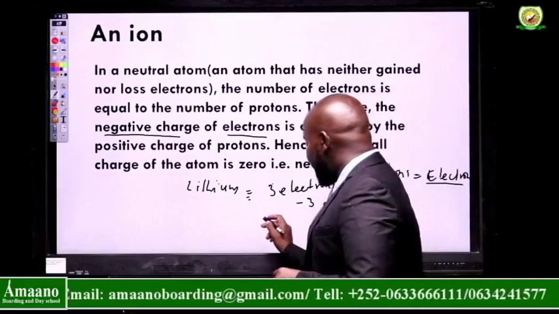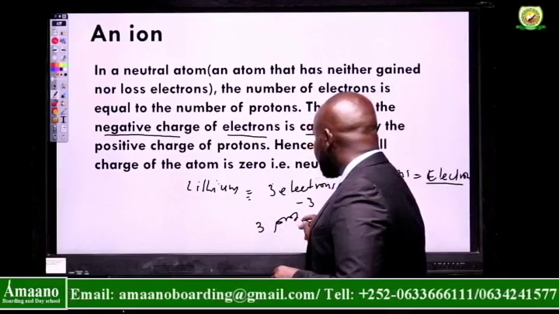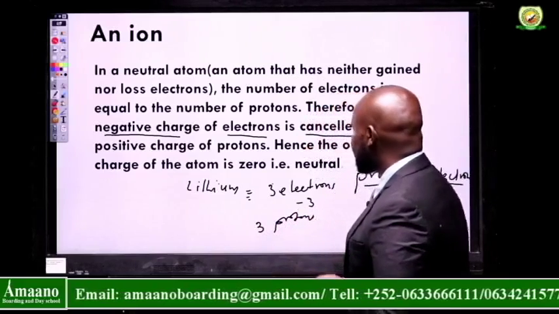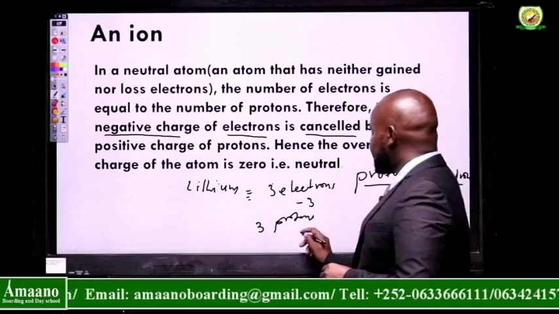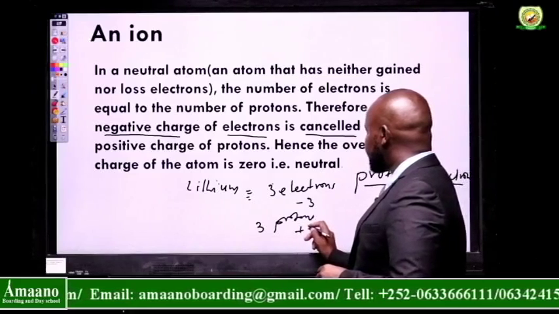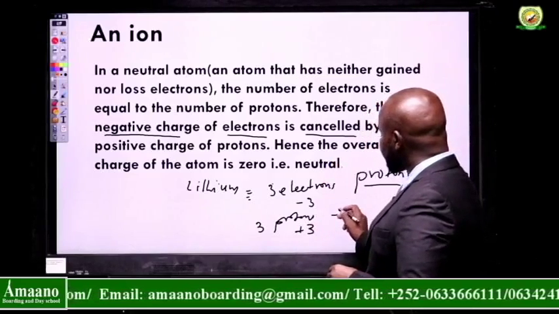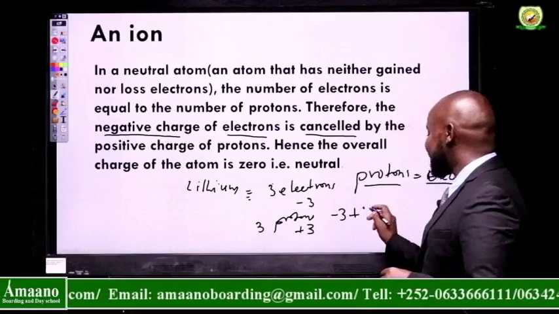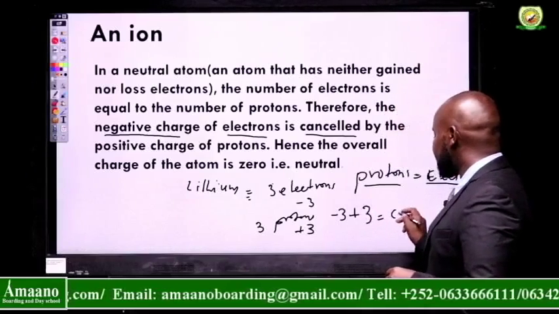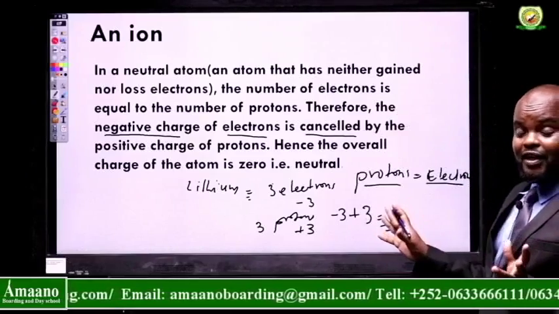It also has 3 protons, and protons have a positive charge, so +3. If we add these two, -3 plus 3 equals 0, right? Minus and plus cancel each other.